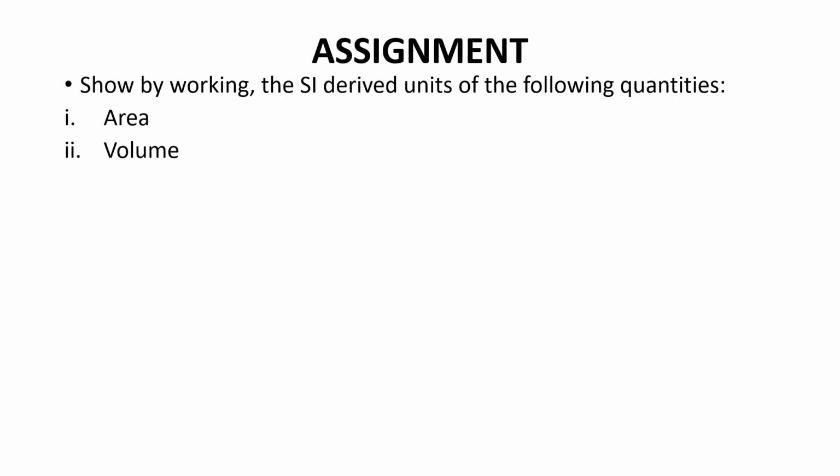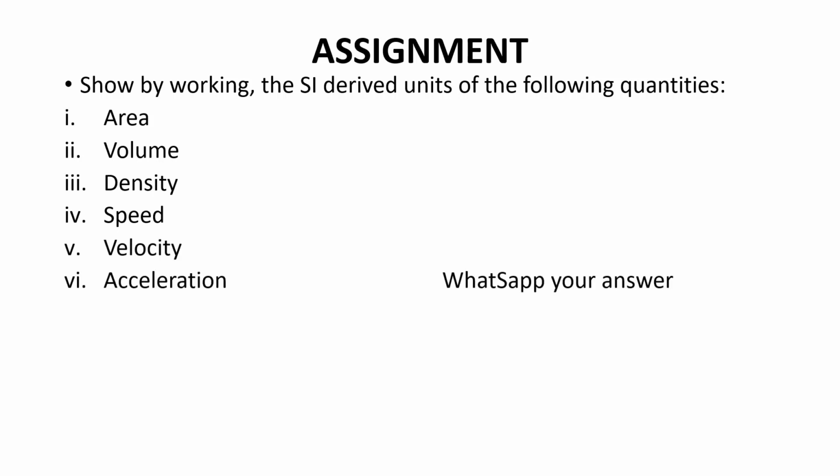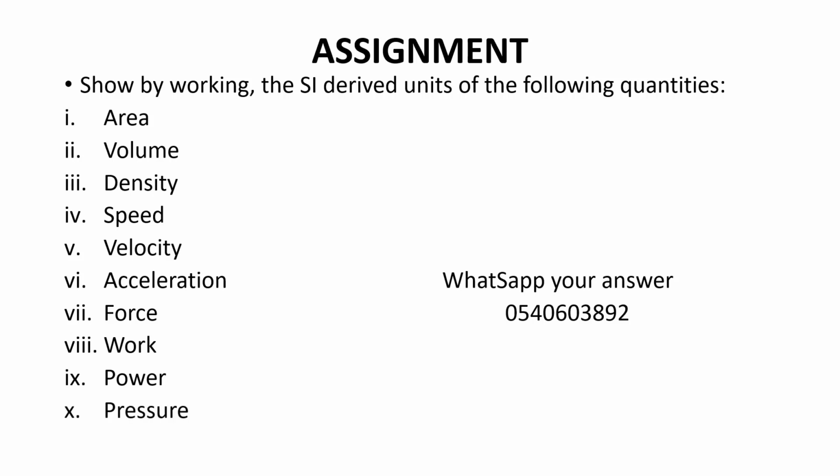We have volume. 3. We have density. 4. We have speed. 5. Velocity. 6. Acceleration. 7 is force. 8 is work. 9 is power. And lastly, the 10th one, is pressure.